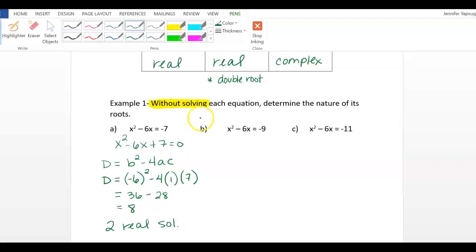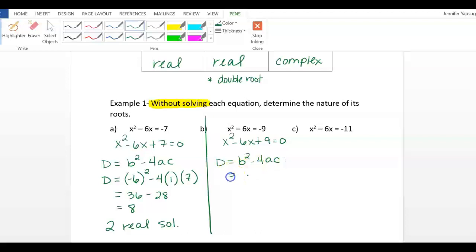All right, so let's take a look at example B. I'm just going to draw a line here so that we don't go into the other problem. Again, we're set up with an equation, but we notice that the -9 is on the right-hand side, so we need to move that to the left. Let's rewrite this as x squared minus 6x plus 9 equals 0. Let's evaluate the discriminant. d is equal to b squared minus 4ac.